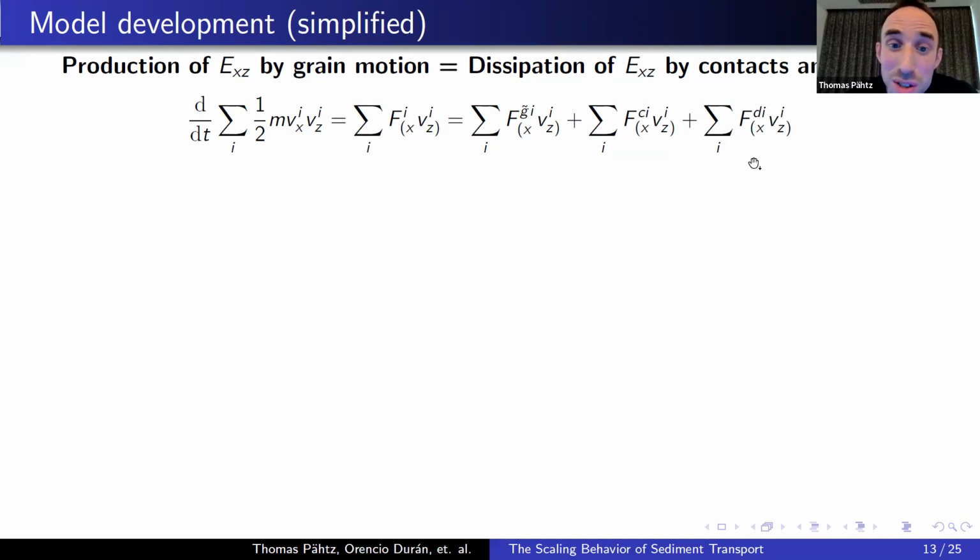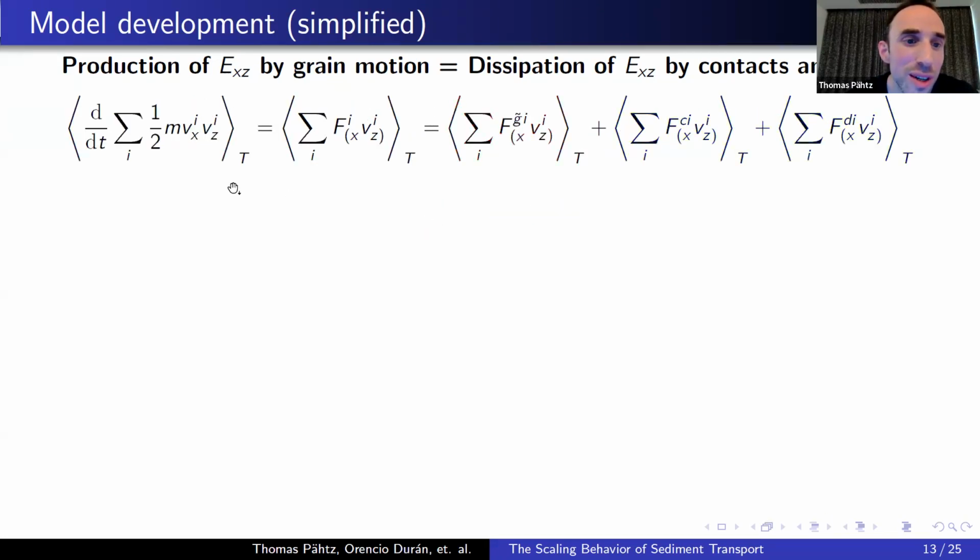So now we take the average of this equation over time. In equilibrium, there is nothing changing in time, so this left term is basically 0. If this term is 0, then we can express this as equal to minus this minus this.